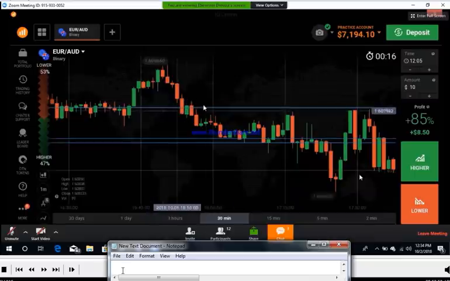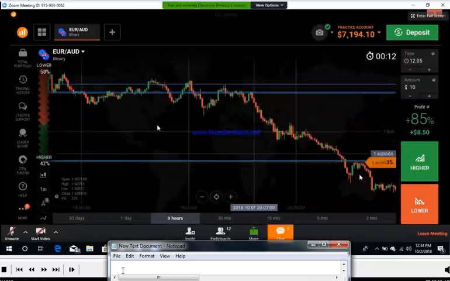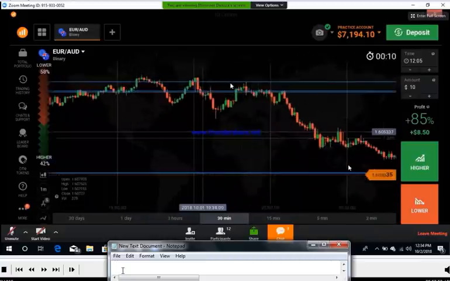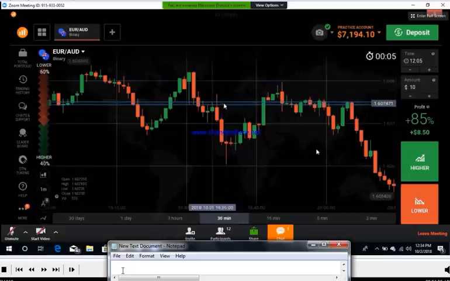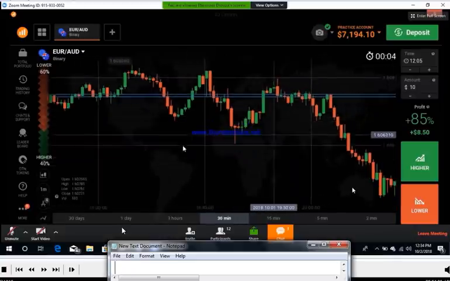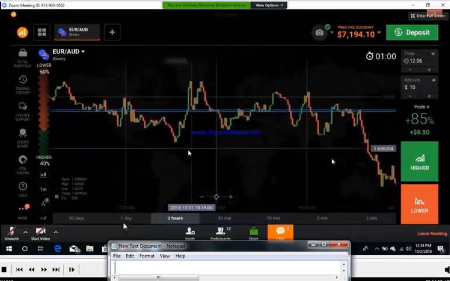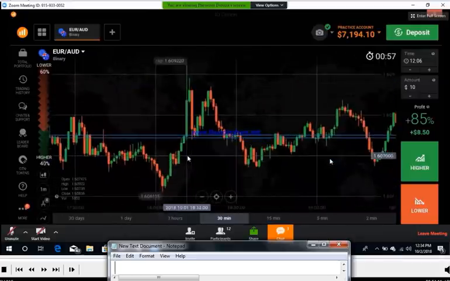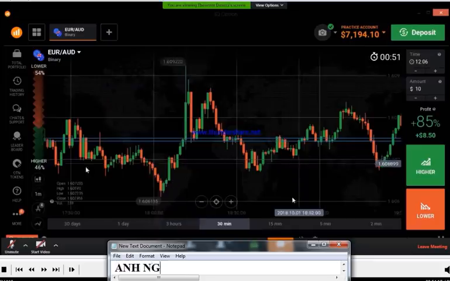So you can trust this round number, but sometimes it will also break the level. The round number sometimes will not work, but you can identify the strong round numbers. You only need to check the past history for the round number's strength. If you find the round number is very strong, then you can trade on the levels.